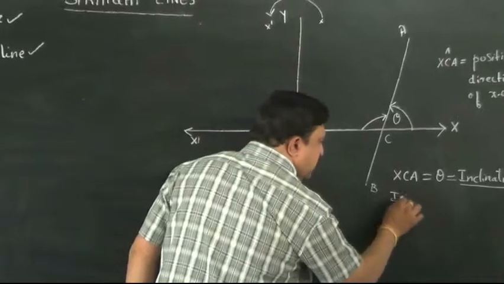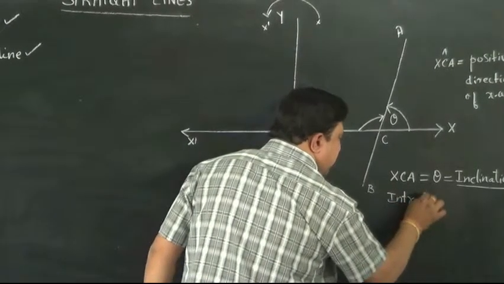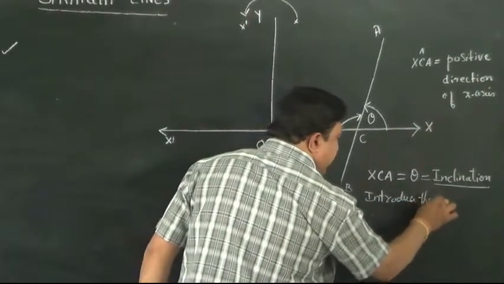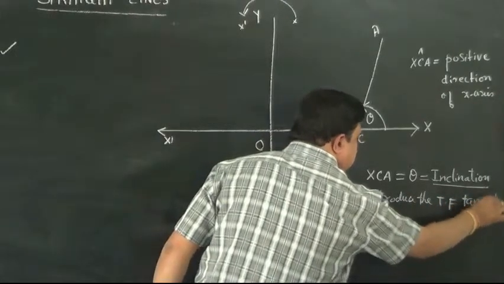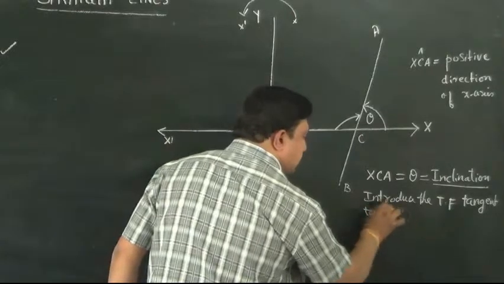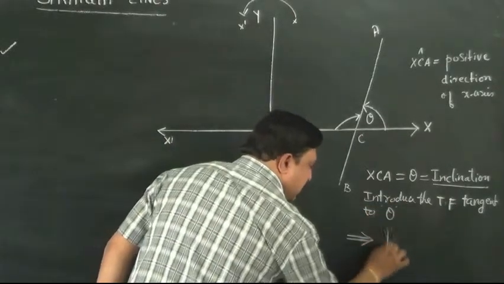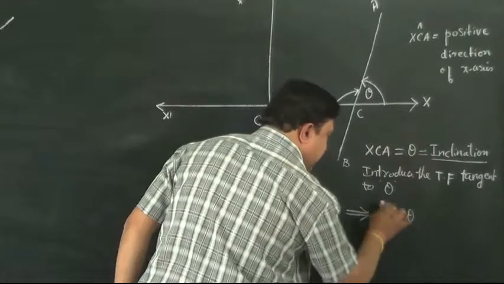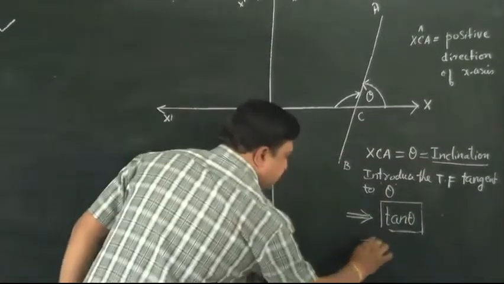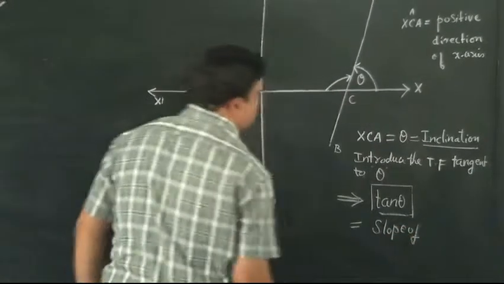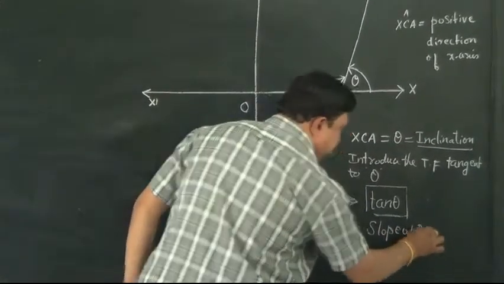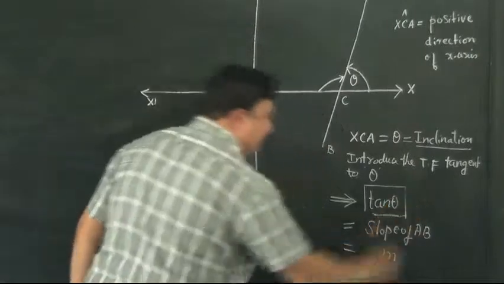Now, if you introduce the trigonometric function tangent to theta, then it becomes tan theta. This tan theta is called as slope of the line. This is called as slope of the line AB, and it is denoted by m.